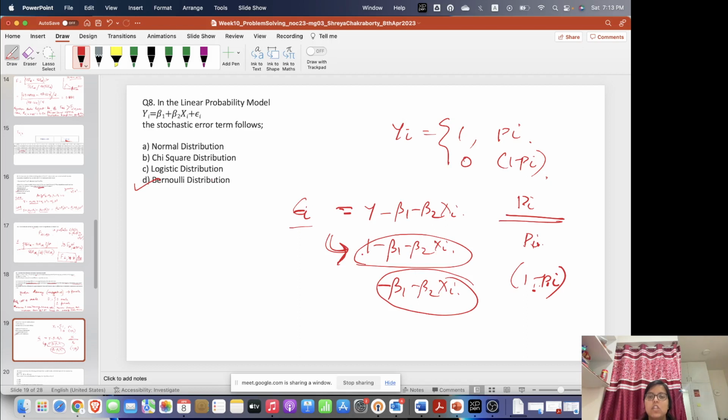It is taking just two values with certain probabilities, and that is why it is following a Bernoulli distribution. Alright, so moving on.